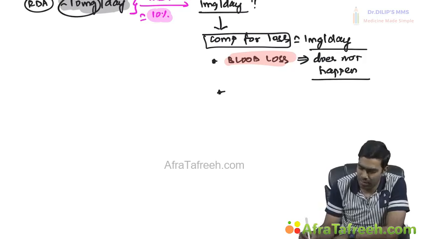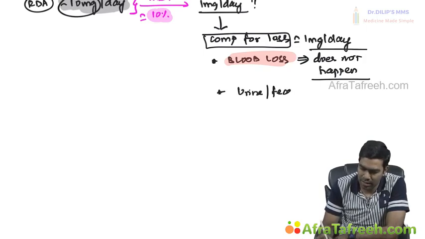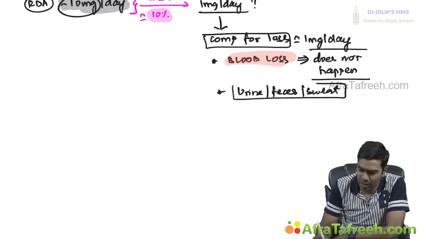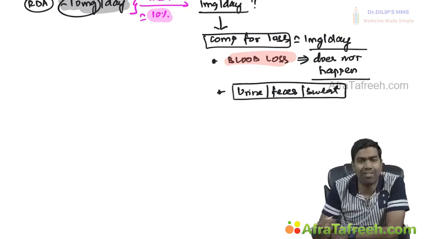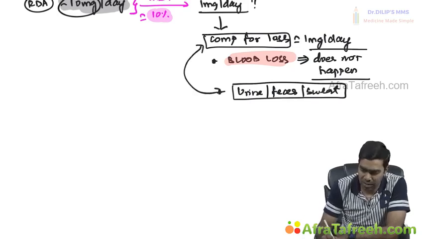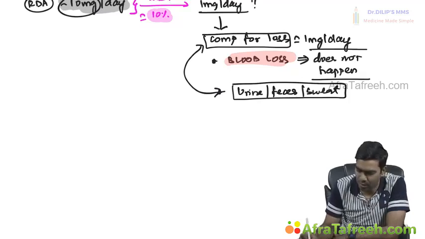Your loss may be from your urine, feces, and a little bit in the sweat, which is actually fixed and finite, approximately equivalent to 0.5 to 1 milligram per day.